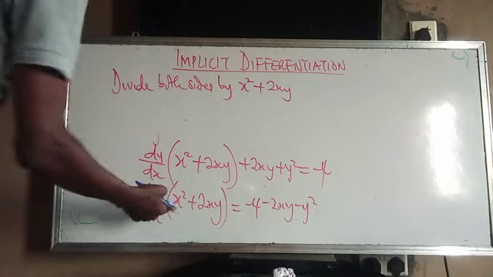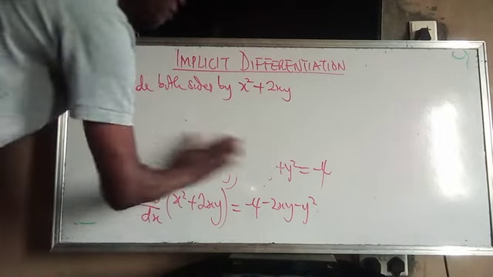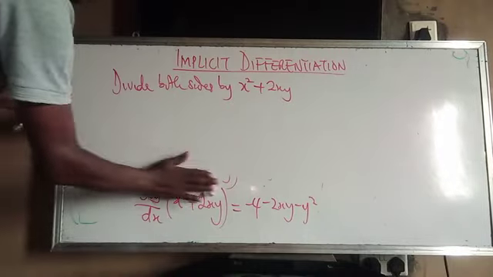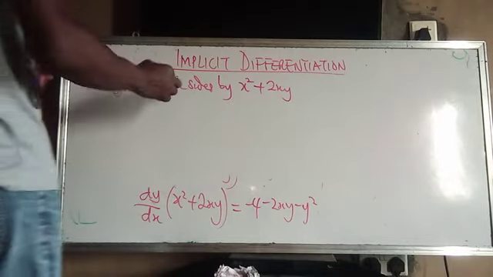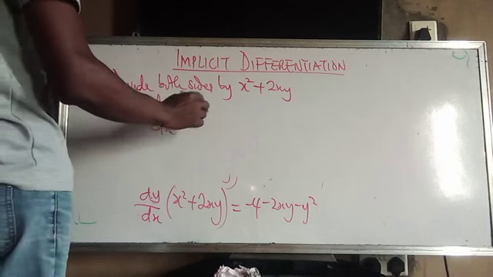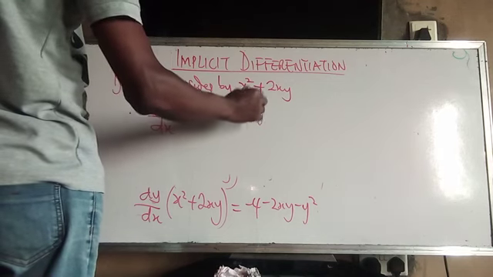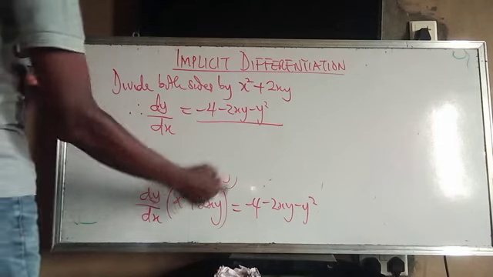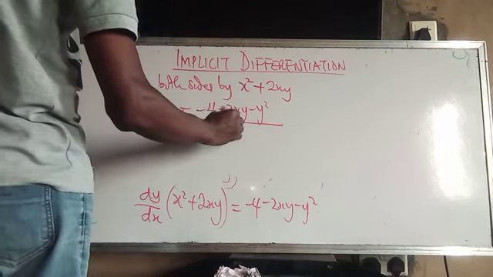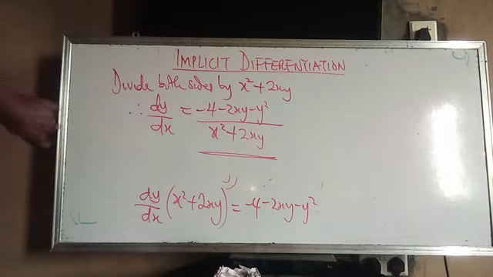So now divide by what is beside the dy/dx. So that will now give us, therefore the dy/dx will be minus 4 minus 2xy minus y squared all over x squared plus 2xy. So that solves the problem.